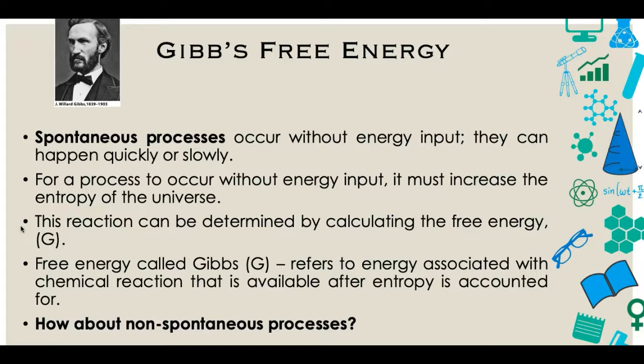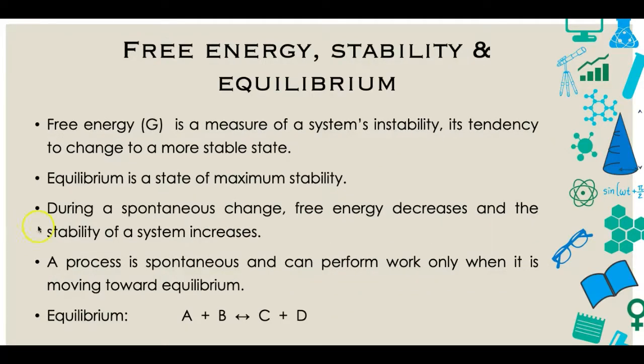But how about non-spontaneous processes? Free energy is a measure of a system's instability, its tendency to change to a more stable state. Equilibrium is a state of maximum stability.